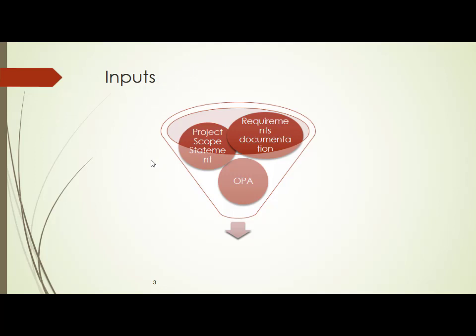Every organization will have its own template. My organization will have a template for a work breakdown structure. Your organization will have a different template for a work breakdown structure. So I have to follow the template of a WBS. But in order to create that WBS, I need some input. The input is actually the project scope statement and the requirements documentation.